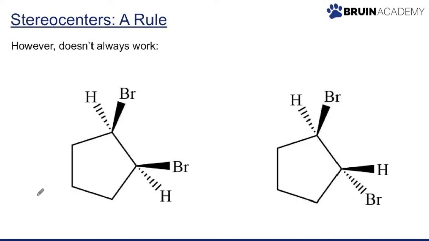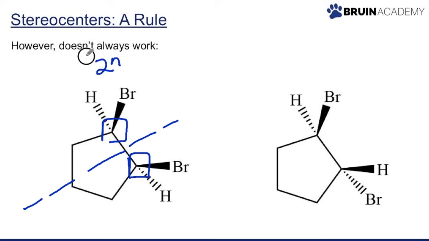However, this rule, of course, is not foolproof. So let's take a look at this molecule here. And what you'll notice about this molecule is that it has this internal plane of symmetry. So you might notice right away that there's possibly 2 stereocenters here. However, because these can be in a way superimposable on each other, this 2 to the n rule does not apply.